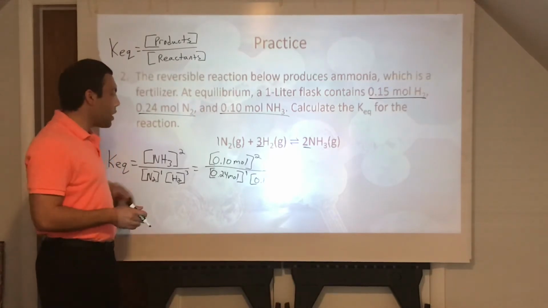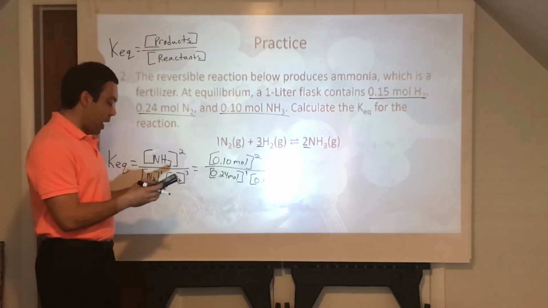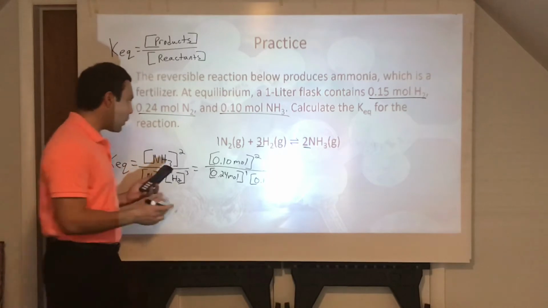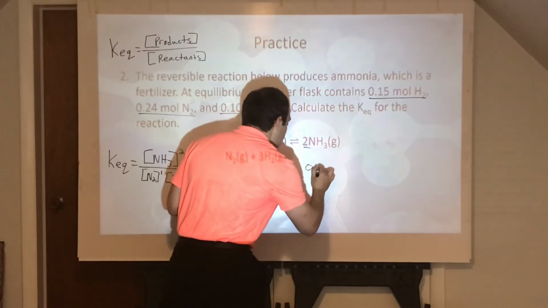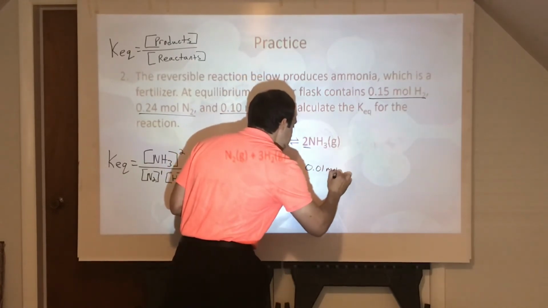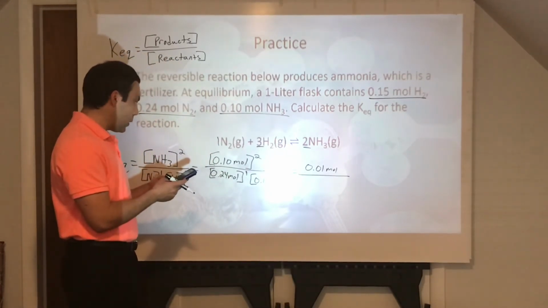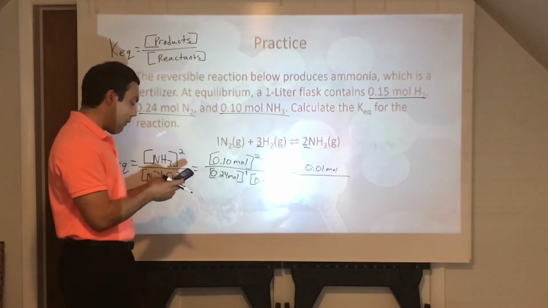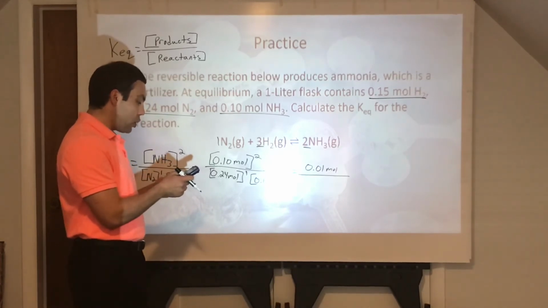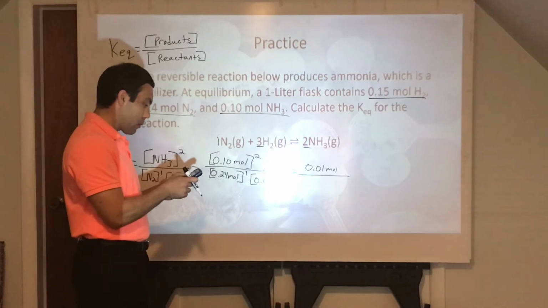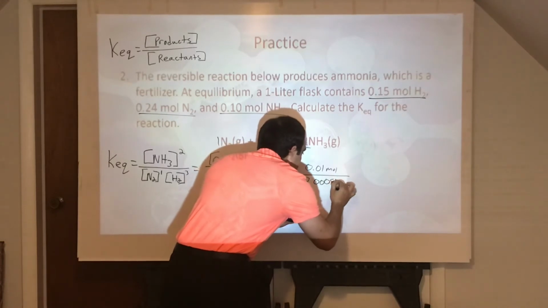I would once again be very careful when I punch this in. I would do 0.10 raised to the second power, which of course gives me 0.01 moles over 0.24 moles times 0.15 moles raised to the third power, which gives me 0.00081 moles.